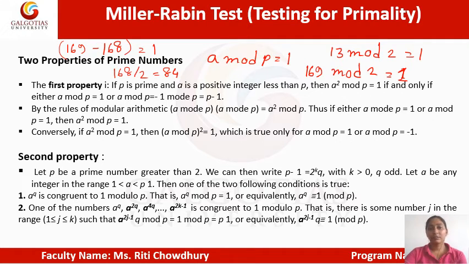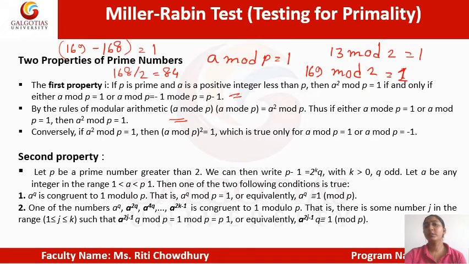Another one is, by the rule of modular arithmetic, a mod p times a mod p is equal to a square mod p. So we can apply the same thing, and thus if either a mod p is equal to 1 or a mod p is equal to minus 1, a square mod p is equal to 1. So we can prove the previous property by this property also.